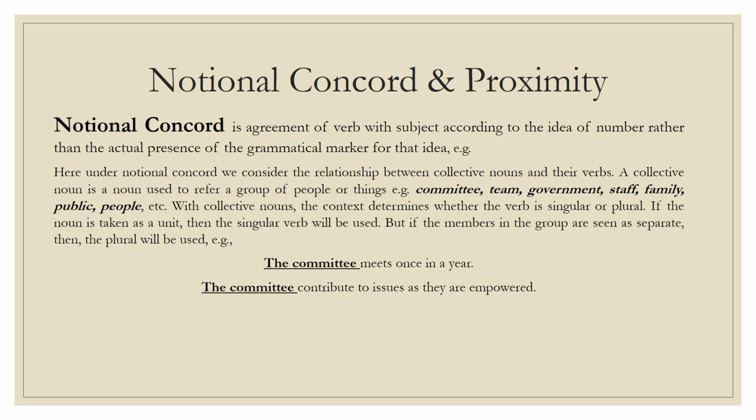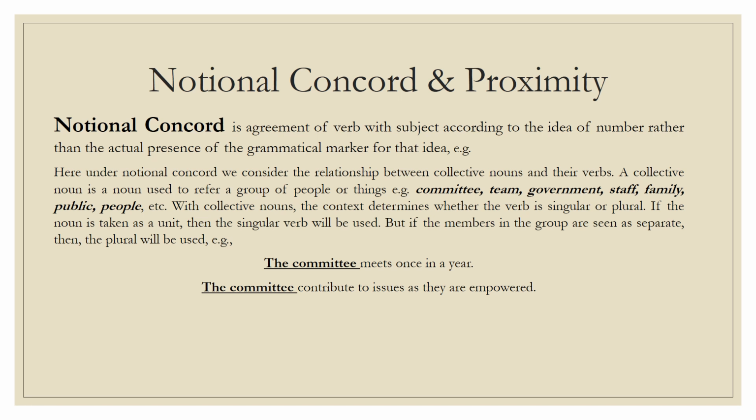What does notional concord mean? Sometimes we have nouns in the position of the subject that are plural in meaning, but not in form. They do not end with the plural s, but we know from their meaning that they are plural. Here, the verb will agree with the meaning rather than the form.